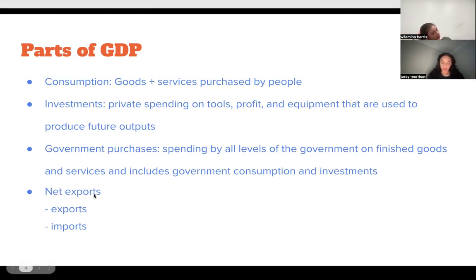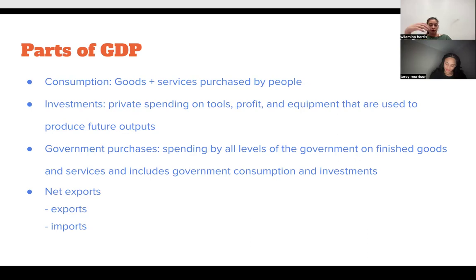Net exports is the last part of GDP, and those are going to be exports minus imports. Exports are goods that are produced domestically. So for the US, an export would be a good produced in the US that is purchased by someone in another country.